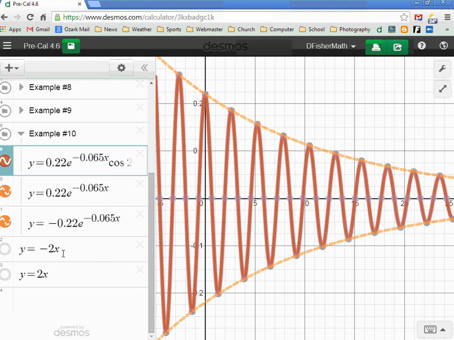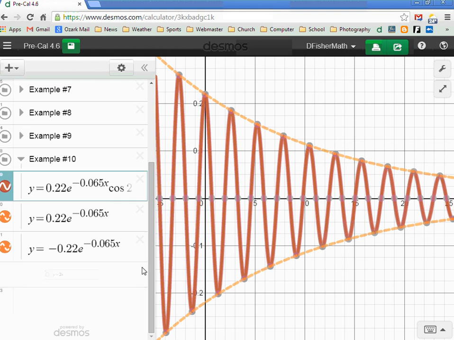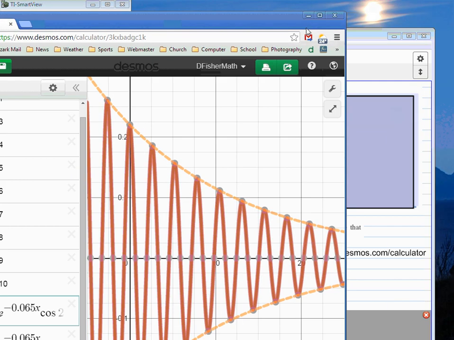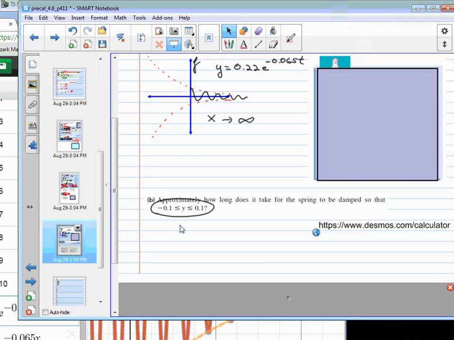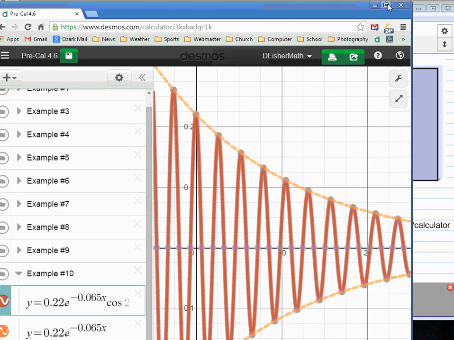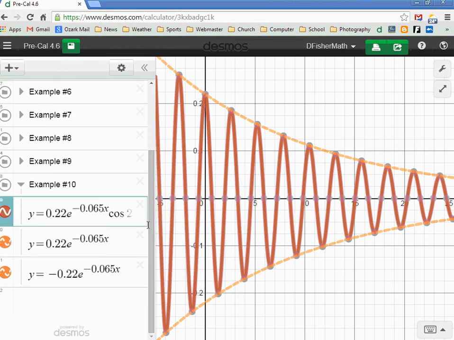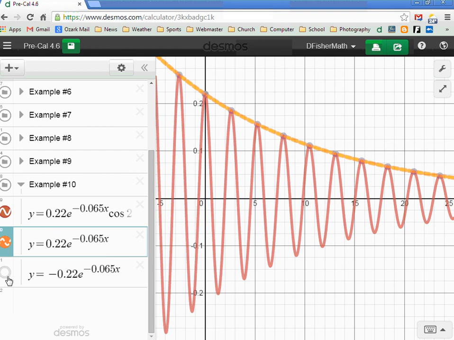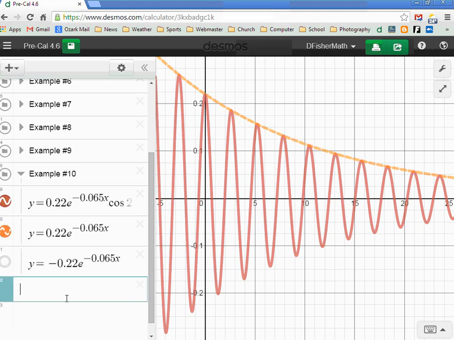Now they had the question of my y values between -0.1 and positive 0.1. So I want to come back over here and turn off my boundaries. I'm going to put in y equals 0.1.